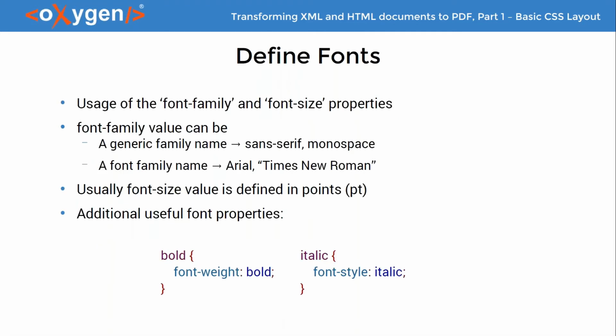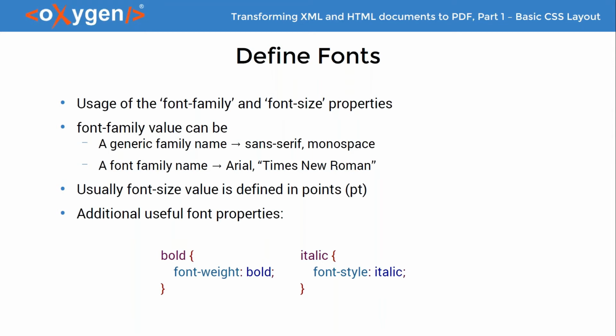Now we will continue this part on fonts. The best way to define fonts in a CSS document is to use the font family and the font size properties as a starting point. The font family can be written as a generic family name, for example, serif, sans serif, and monospace.